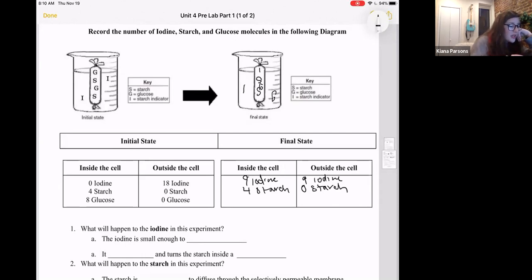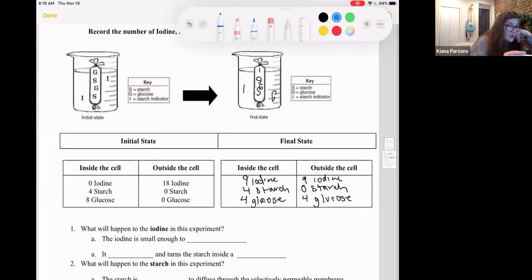However, the glucose inside the cell, there's still 4 glucose. Glucose moved from an area of high concentration inside the cell with plenty of glucose to an area of low concentration outside the cell where there was no glucose until it reached equilibrium for glucose. So we can see there it's half and half for iodine and glucose, but the starch didn't move in our final state.